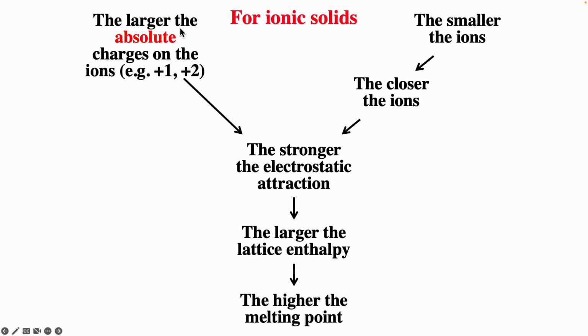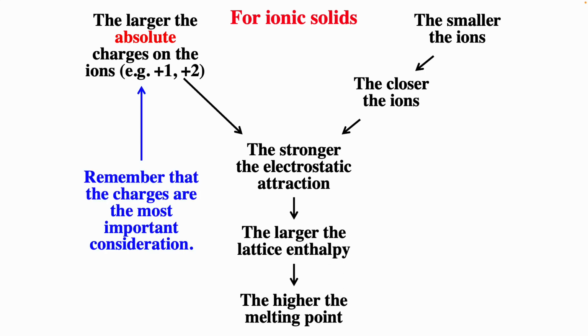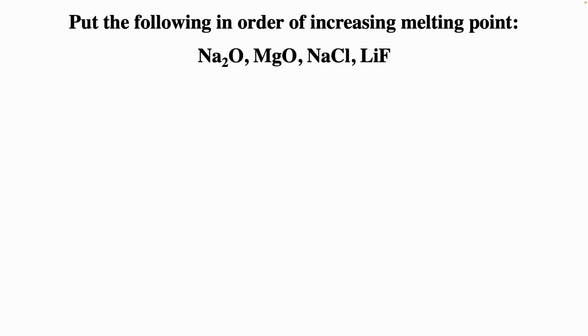And so for ionic solids, the larger the absolute charge of the ions, the stronger the electrostatic attraction, the larger the lattice enthalpy, the higher the melting point. The smaller the ions, the closer the ions, the stronger the electrostatic attraction, the larger the lattice enthalpy, and the higher the melting point. And again, the most important consideration is the absolute charge. And so you could be asked to put ionic solids in order of increasing melting point.